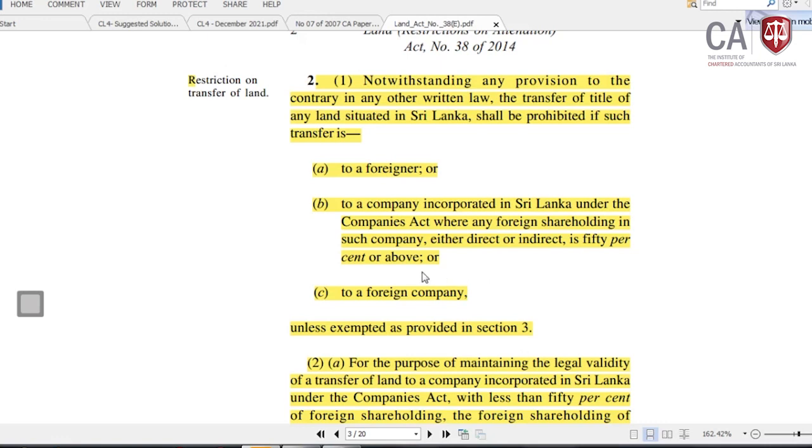So, the foreign shareholding has to be less than 50% for that company to acquire the property in Sri Lanka.